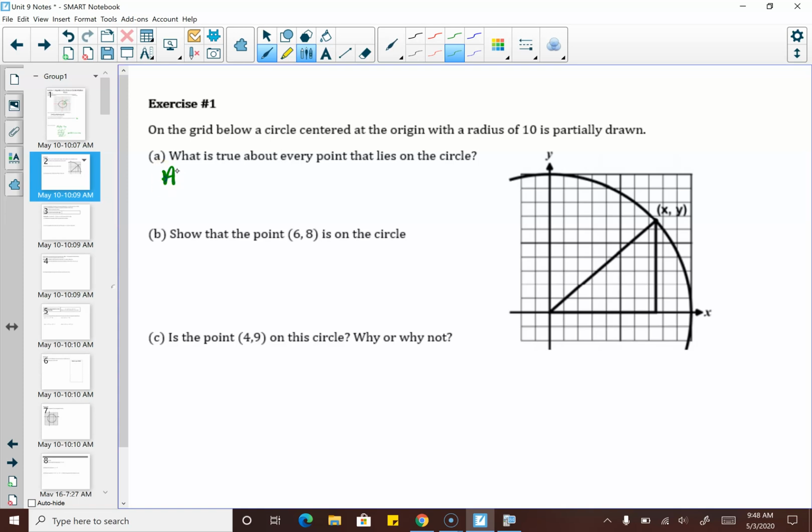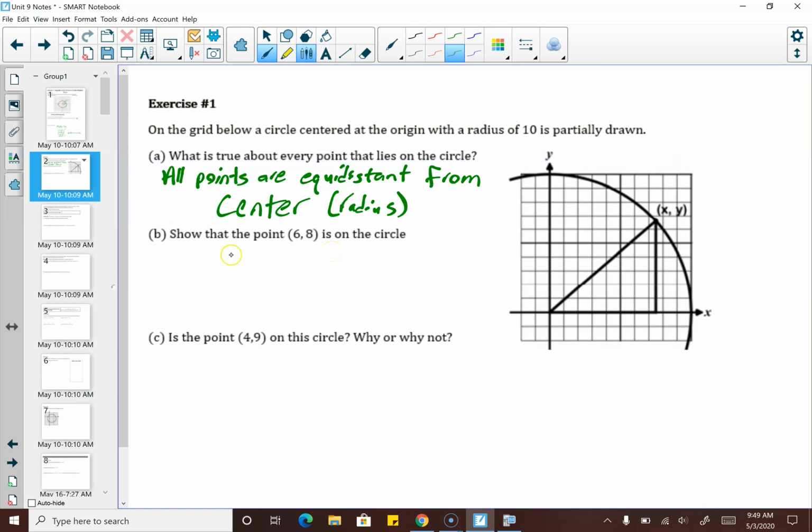So all points are equidistant from the center. Okay, and what does that really represent? That represents our radius.